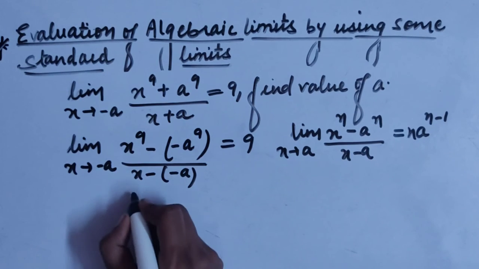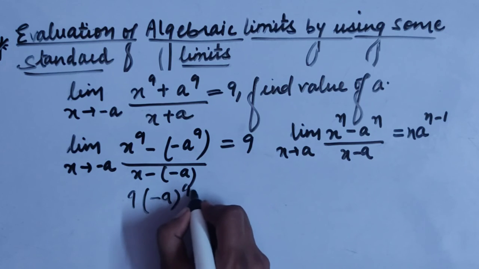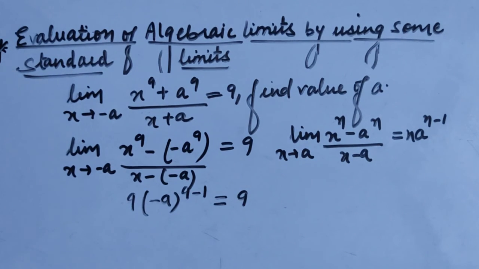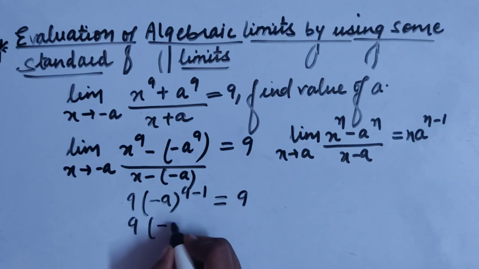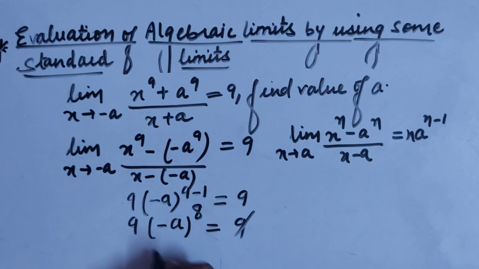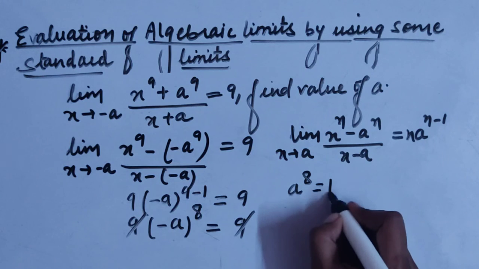I will get 9 into minus a raised to the power 9 minus 1, and this is given equal to 9. So when you solve it, what will you get at the next step? You will get 9 into minus a raised to the power 8 equals 9. 9 and 9 cancel out. And after that, when you solve it, it will be a raised to the power 8 which is equal to 1.